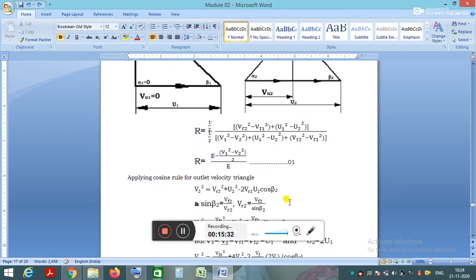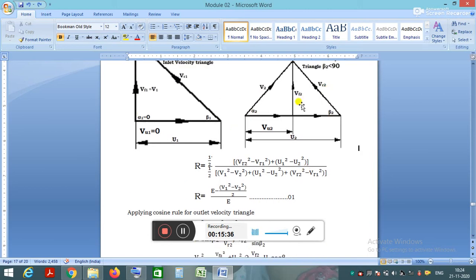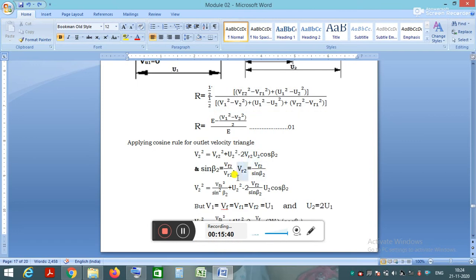And also from the outlet velocity triangle we can write sin beta 2. What is sin beta 2? Opposite by hypotenuse, Vf2 by Vr2. Therefore we can write Vr2 equals Vf2 by sin beta 2. Here replace Vr2 by Vf2 by sin beta 2.